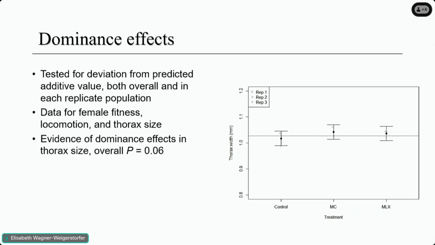So we did both. We looked both overall and within each replicate population. And the replicate populations are otherwise, the numbers don't really mean very much, because number 1 in MLX is not the same as number 1 in control, except in this context, because replicate 1, the MC treatment is a cross between the other 2.